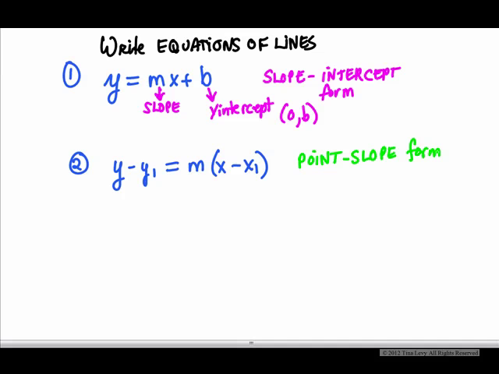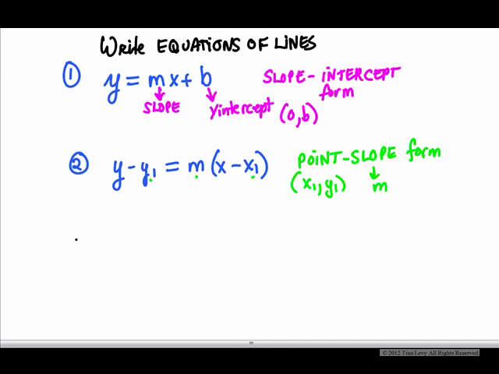It's called the point-slope because you have to be given one point on the line, which they call x1, y1, and you have to be given the slope, which is what they're calling m. So as long as you have at least one point and you know the slope, this is the preferred form. However, all answers to equations will be in slope-intercept form.